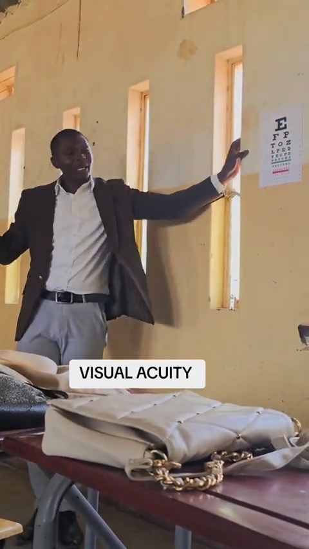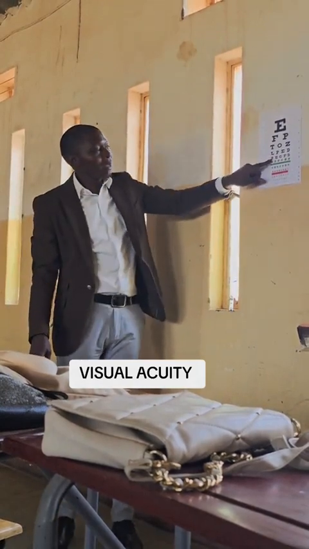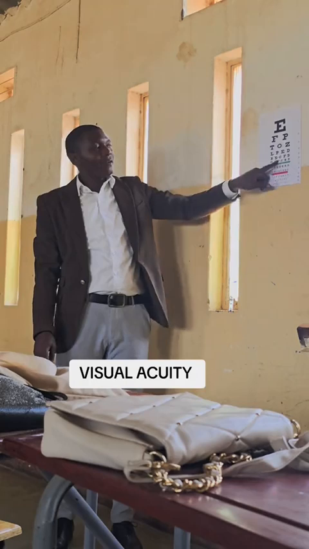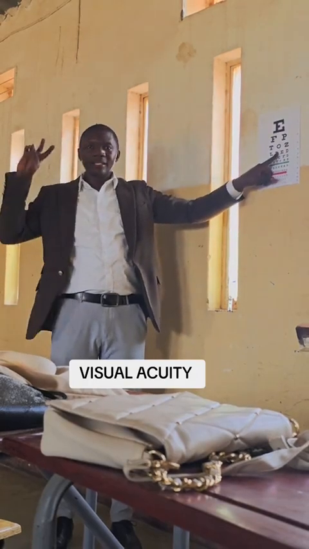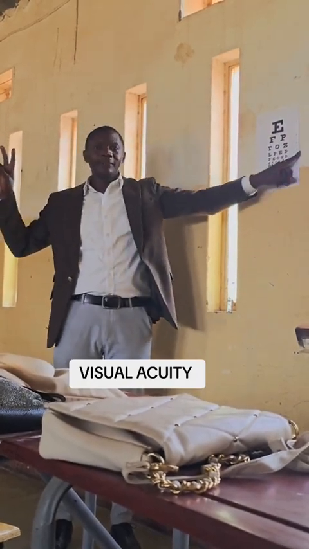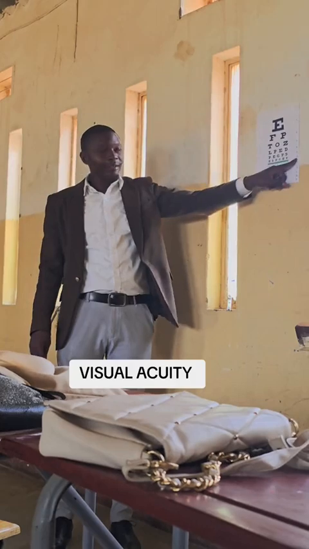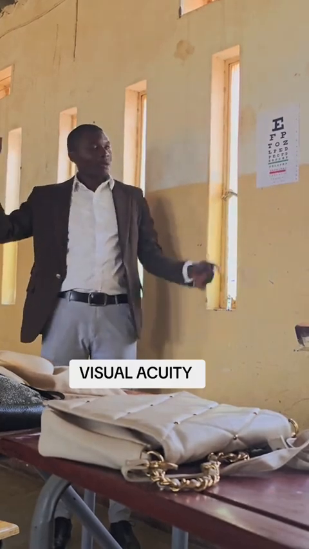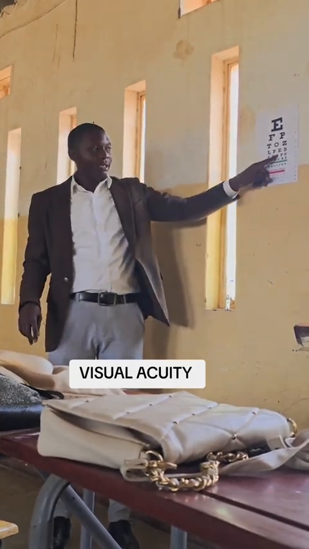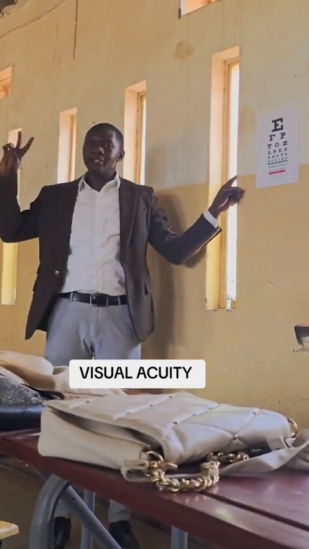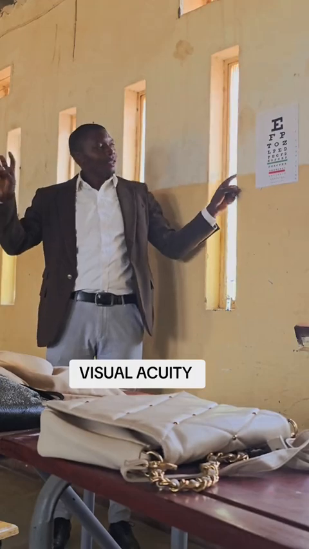So in this example, the patient can only read P and E, but they fail to read C, meaning they have just seen 2 letters in line 5. So in this case, the recording is going to be 4/6 plus 2, because in the line where they ended, which is line 5, they only read 2 letters.